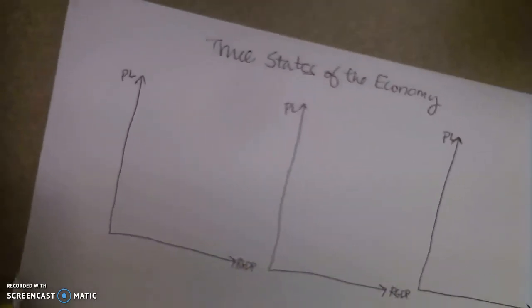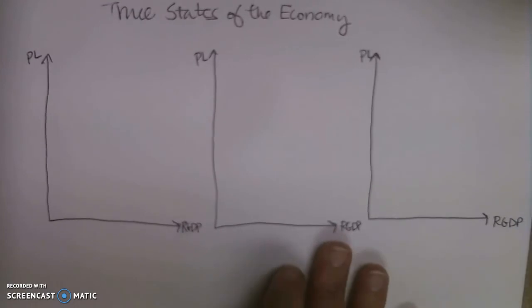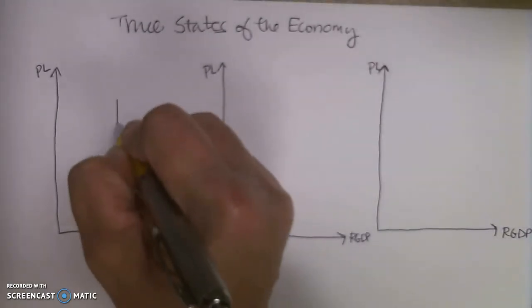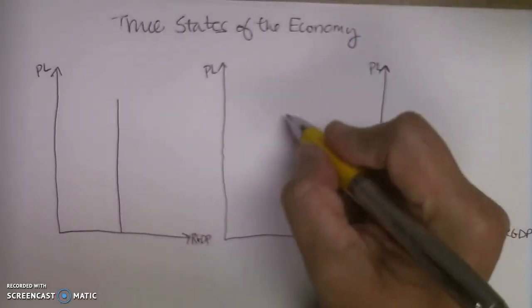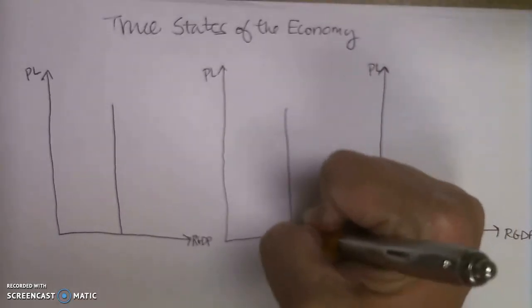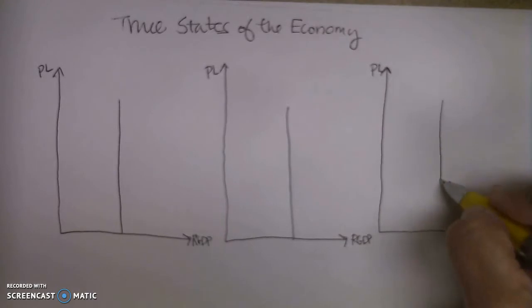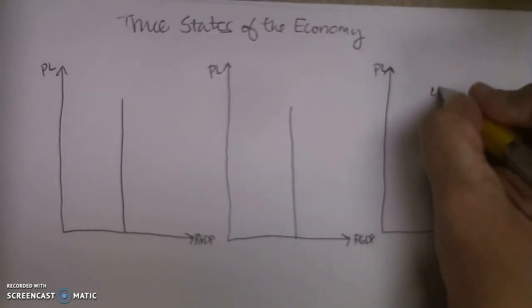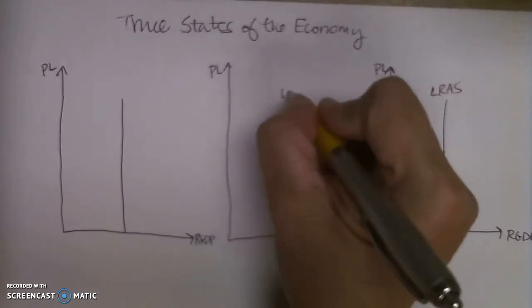Let me rearrange this for just a second so you can see all three at one time. All right, the first thing we want to draw for each is the long run aggregate supply curve. Remember, this is a vertical supply curve that tells us what our economy could produce if we're using our maximum resources.